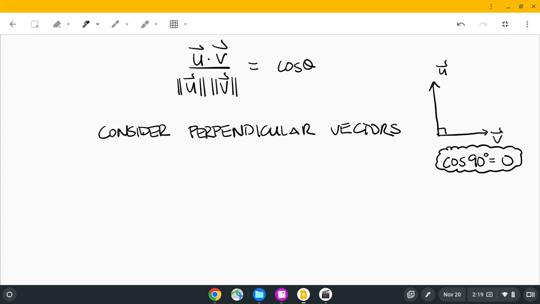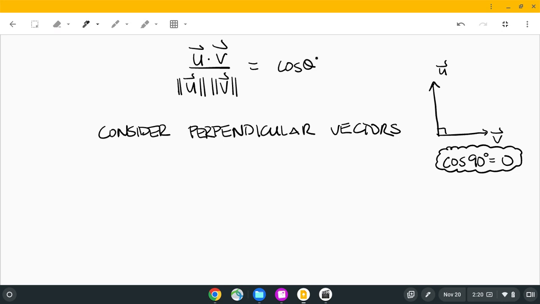So over here, if theta is 90 degrees, then this whole thing evaluates to 0. If this whole thing evaluates to 0, then that must mean the numerator, which has the dot product, evaluates to 0, because we can't have 0 in the denominator. That would be undefined.